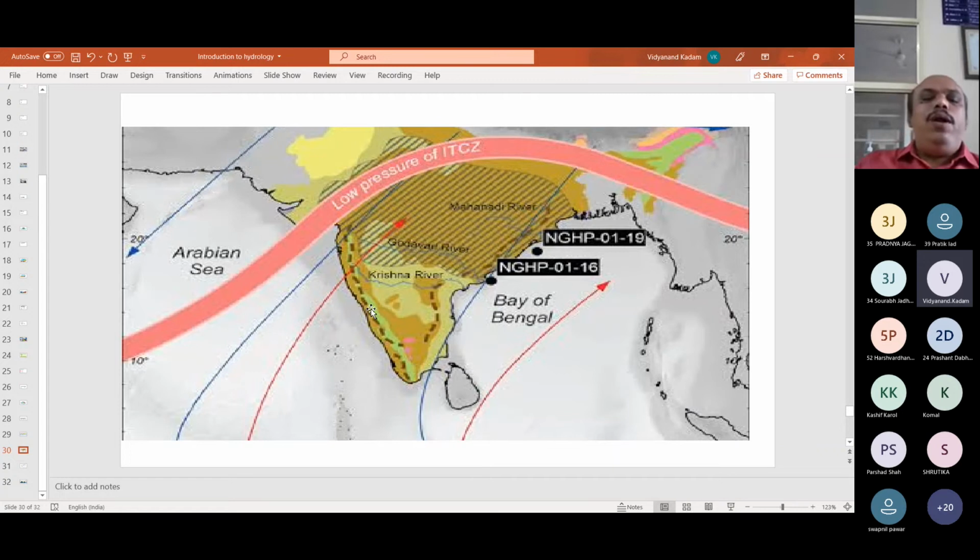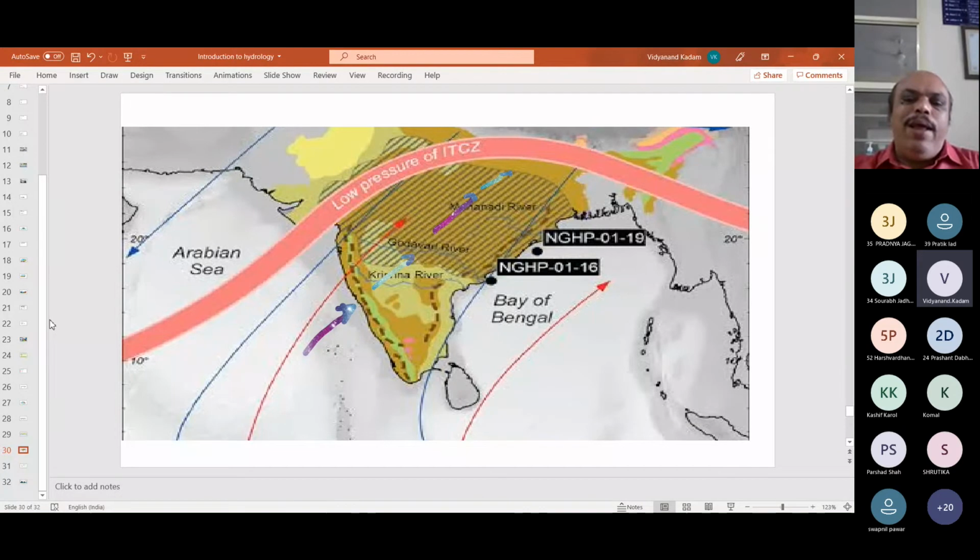So this is about the types of monsoons. First is the southwest monsoon. It reaches the coastal area of India in the southwest direction, and its journey continues up to the Himalayan ranges.